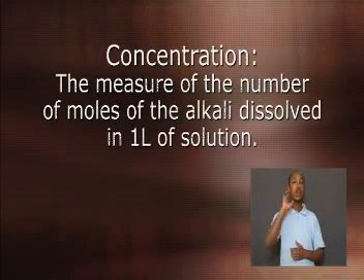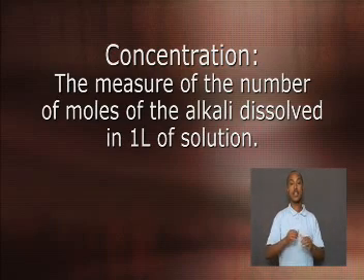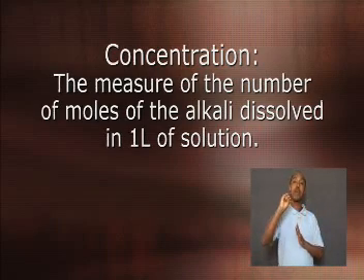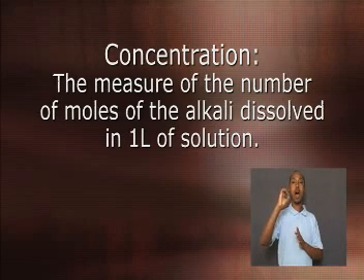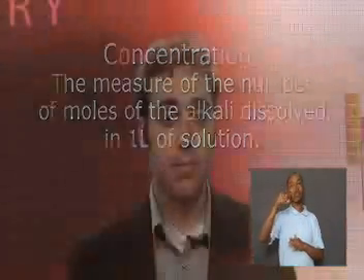The concentration of a base is defined as the measure of the number of moles of the alkali or base dissolved in 1 liter of solution. Concentration can be expressed in terms of molarity or mole per liter. As we discussed, the more moles there are within a solution, the higher the concentration will be.